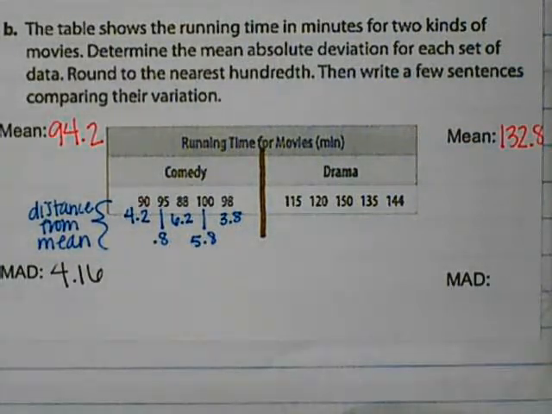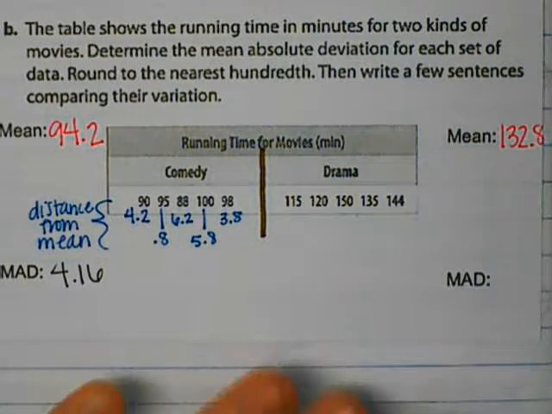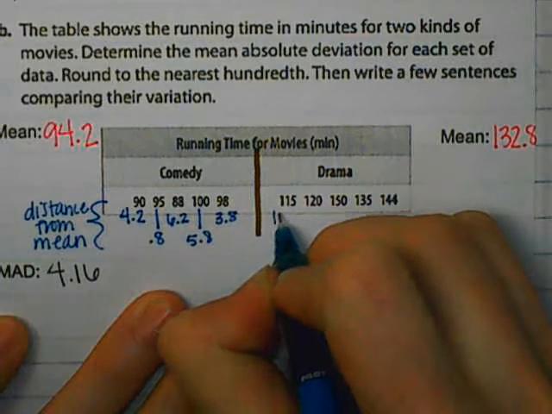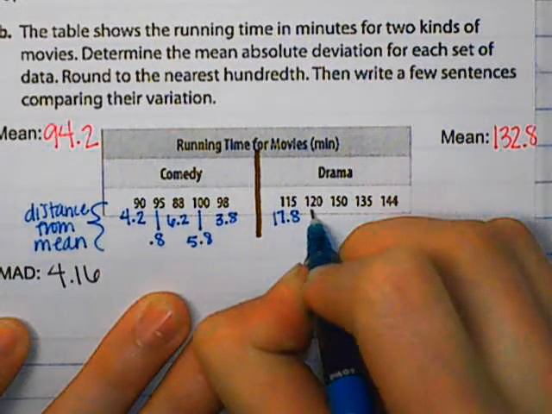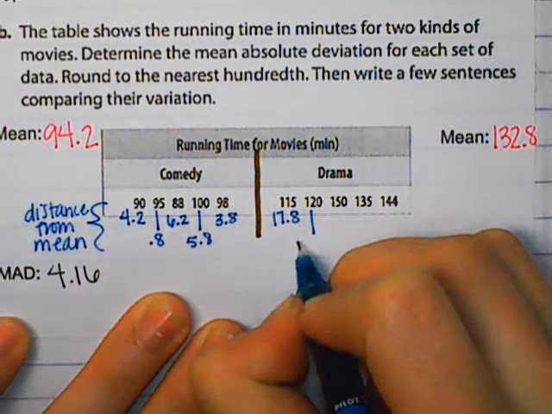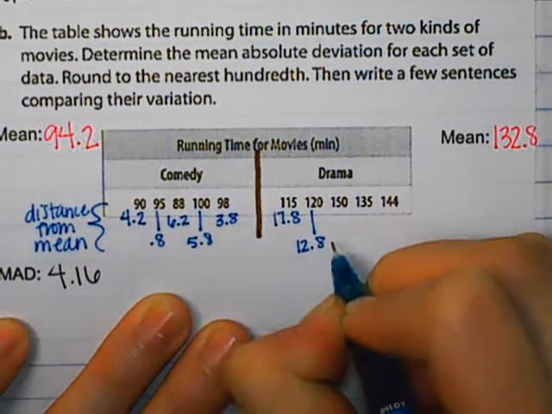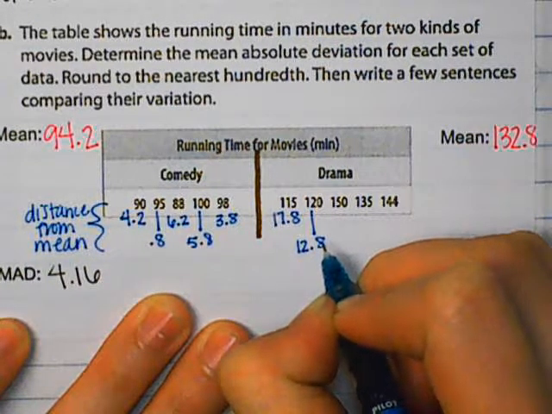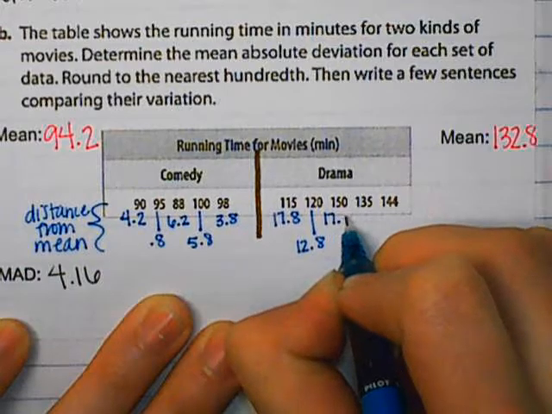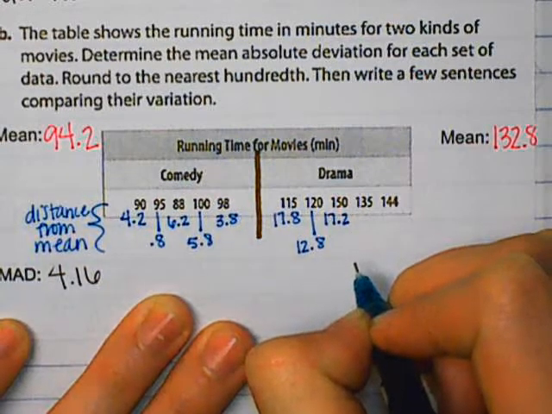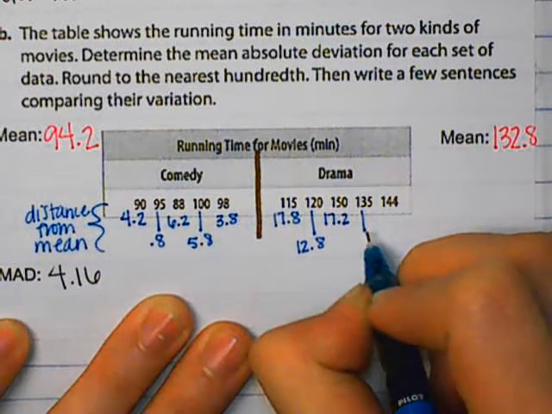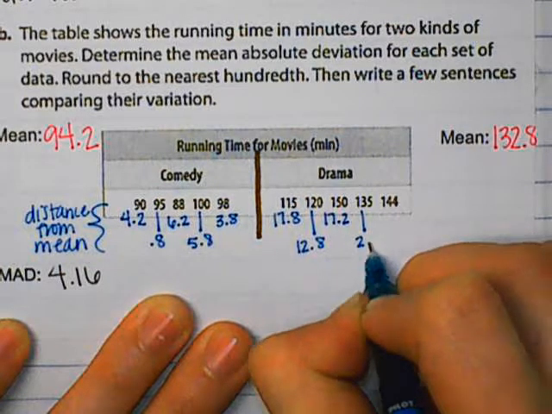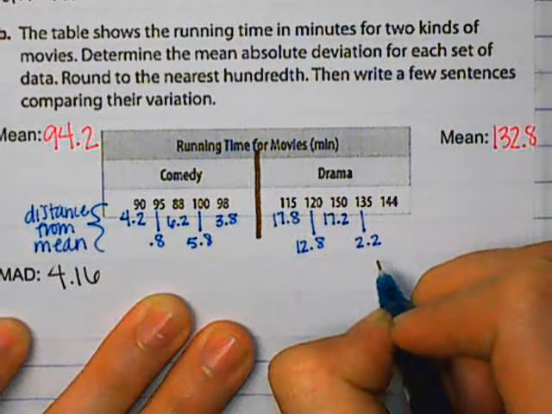Now we're going to calculate the distance each value is from the mean. So we have 17.8. 120 is 12.8 away. 150 is 17.2 away. 135 is 2.2 away.